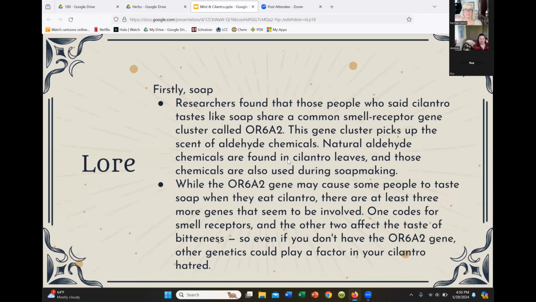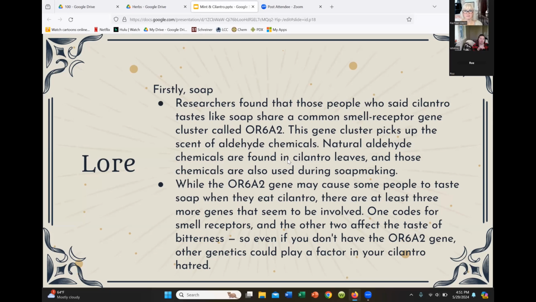So firstly, let's talk about the soap aspect. A lot of people don't like cilantro because they think that it tastes like soap. Research has found that the people who say that cilantro tastes like soap have a gene cluster called OR6A2. If you have this gene cluster, you pick up on the scent and the taste of the aldehyde chemicals.